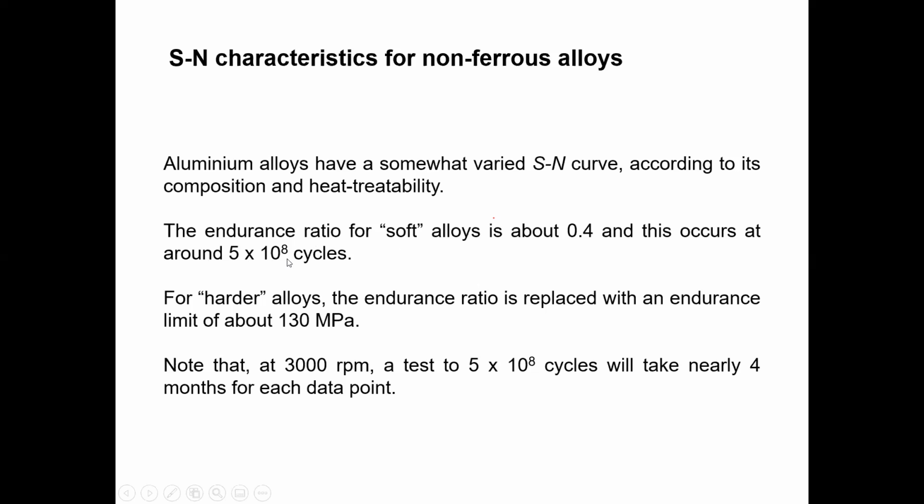So it is not 10 to the power 6. Okay. So you need to keep it in mind. 10 to the power 6 is only valid for the steel, not for each and every material. But basically in this chapter and this session, we will only focus on the steel. So that's why we are dealing with 10 to the power 6 always. But in this slide, they want to mention there's another endurance limit for different kinds of materials.